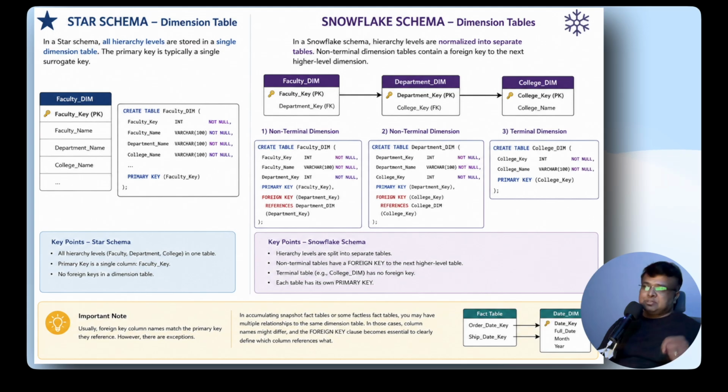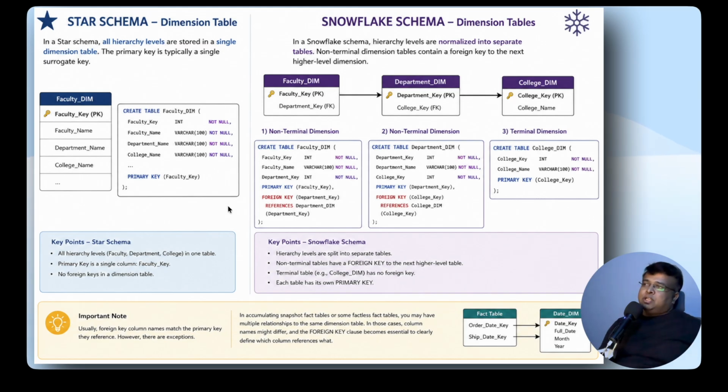That clause specifically says that this column, for example, this column department dimension key, references another table, that is department key in this table here, right? So the database now understands the relationship between the faculty and department.